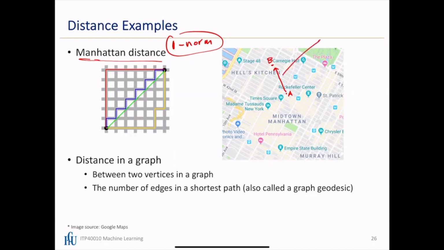In this case, we could measure the Euclidean distance by taking the direct length between A and B. But this is not possible in New York because there are a bunch of buildings. You cannot go into the building as you want, and you have to go around the building. So maybe you take this route. Calculating the distance by taking a detour like this is called the Manhattan distance.